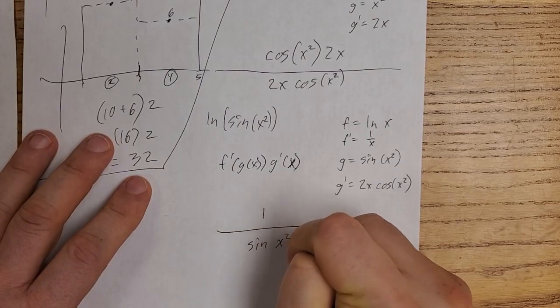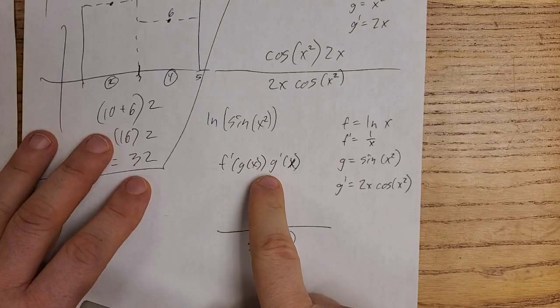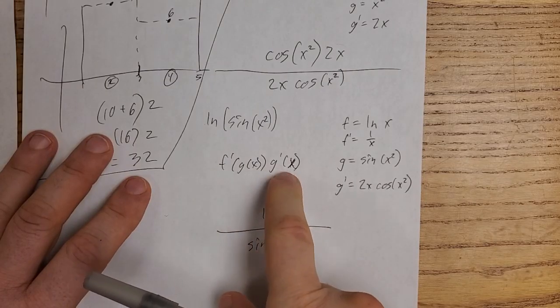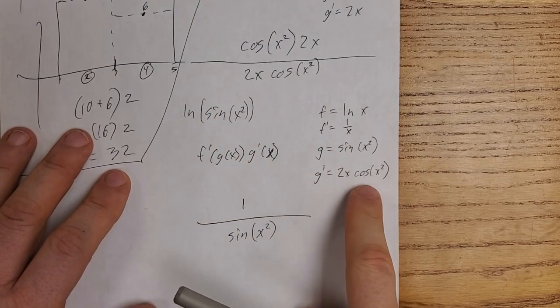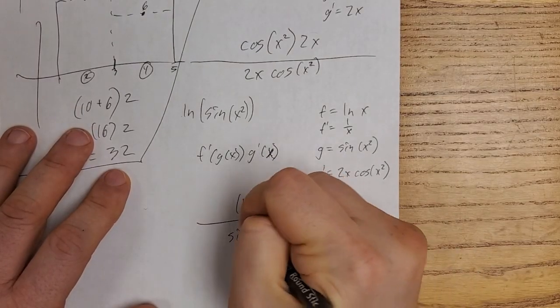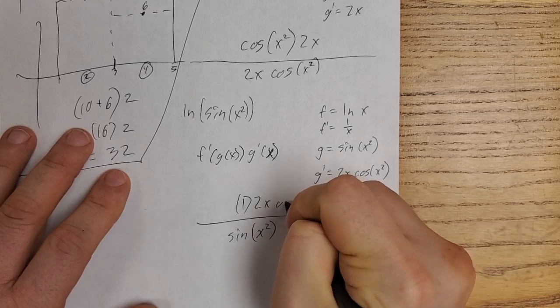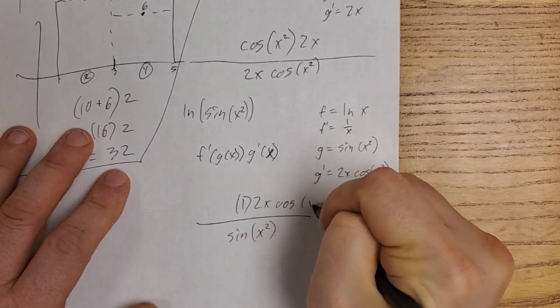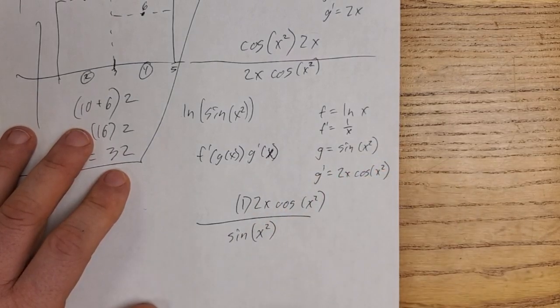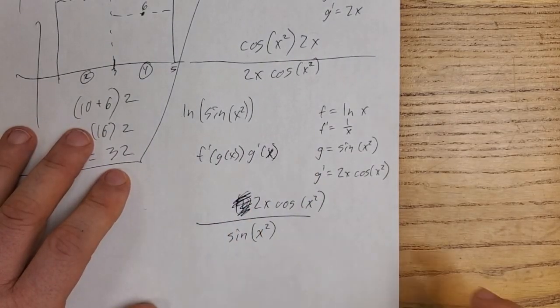So 1 over sine of x squared multiplied by the derivative of the g, which we just determined was the 2x cosine of x squared, and well, the 1 goes away, so never mind that.